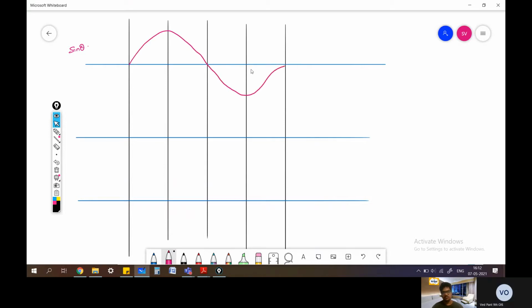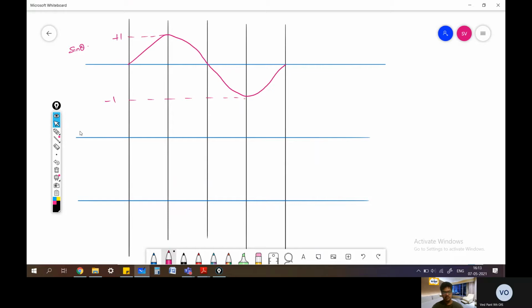It goes maximum up to plus 1 and minimum down to -1.